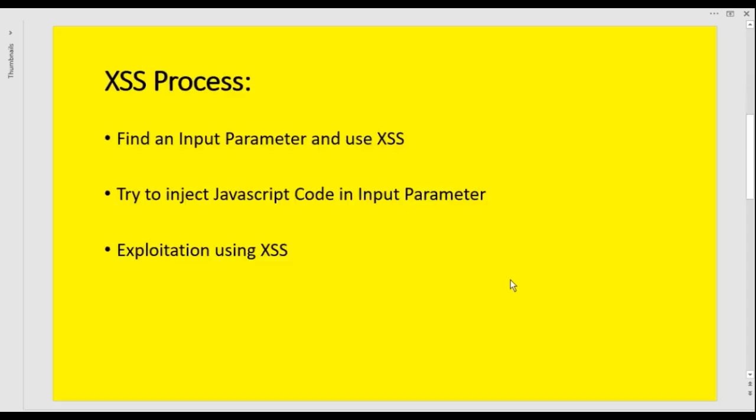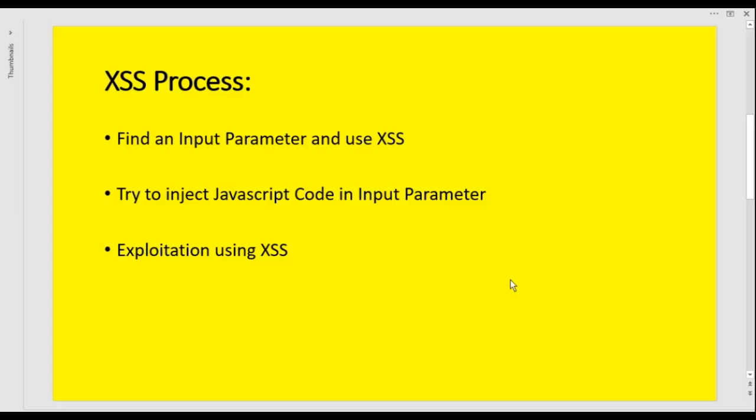So let's talk about the process of XSS. First of all, we will find an input parameter and then we will try to run XSS script in that input parameter. Now what I mean by input parameter, if you visit an e-commerce website, you will find a search bar to search for the different products. So we will try to run XSS on that search bar, okay?